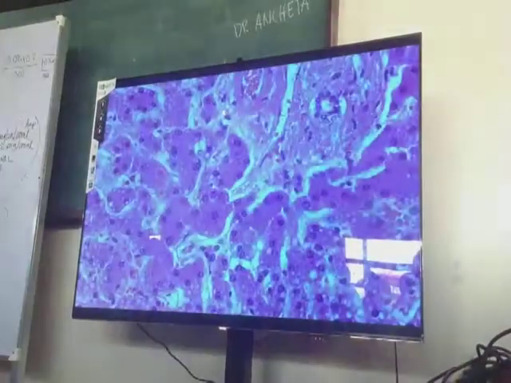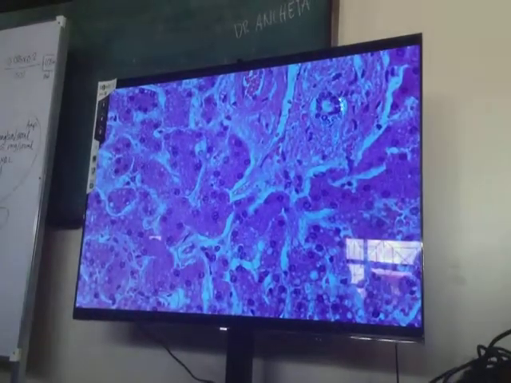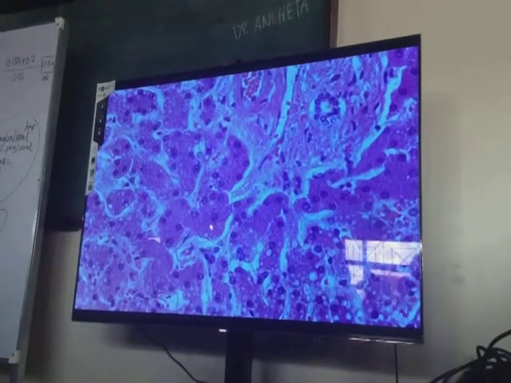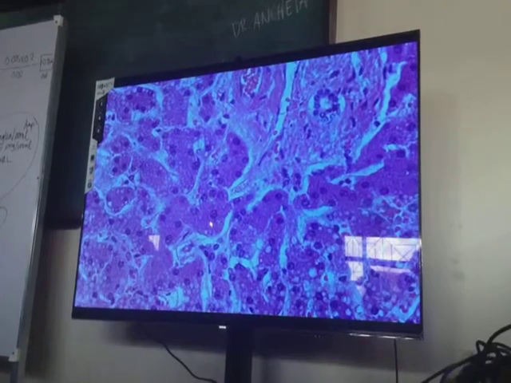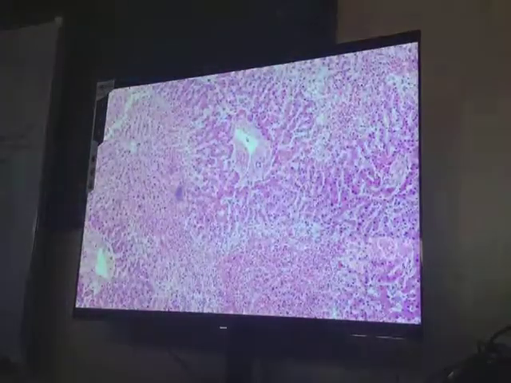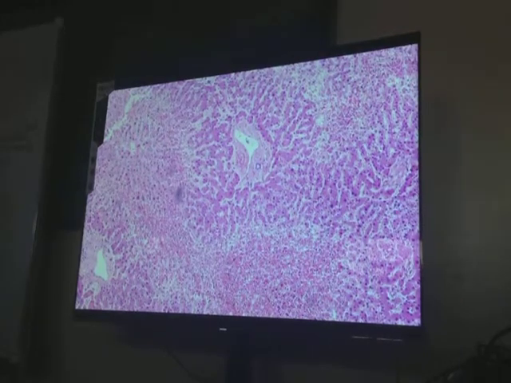The hepatocytes located near the portal area, which is pointed now, are they normal or abnormal looking? Normal. Let us go now slowly towards the central vein, the area where the central vein is supposed to be.